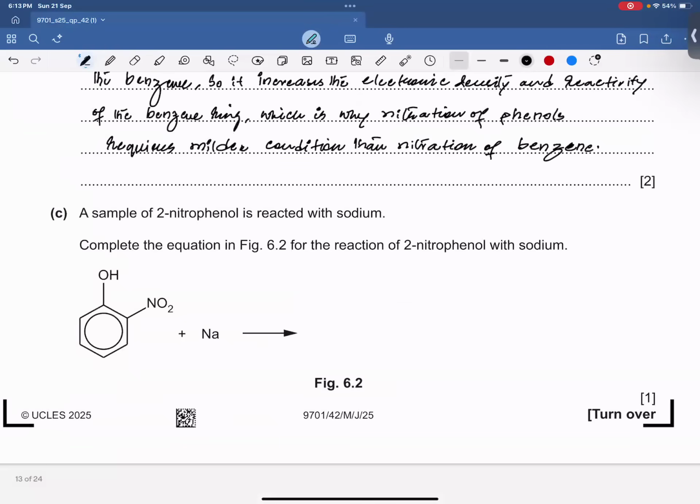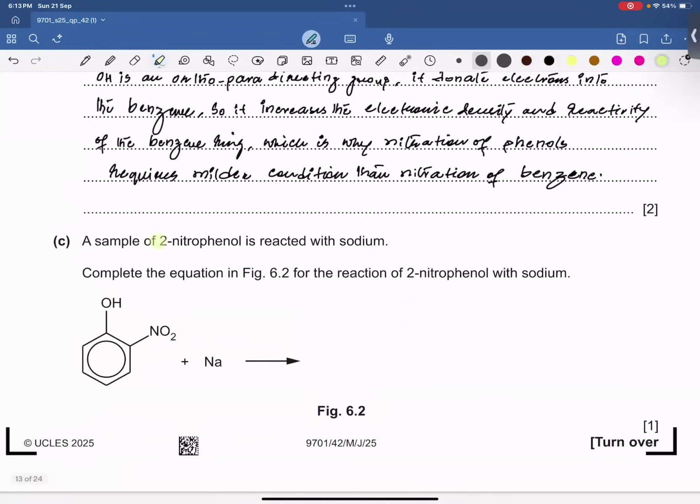Okay, next part. A sample of 2-nitrophenol is reacted with sodium. Complete the equation in figure 6.2 for the reaction of 2-nitrophenol with sodium. So sodium is reactive metal. It places hydrogen in the form of hydrogen gas. So I'm going to get hydrogen gas, obviously, and a salt.